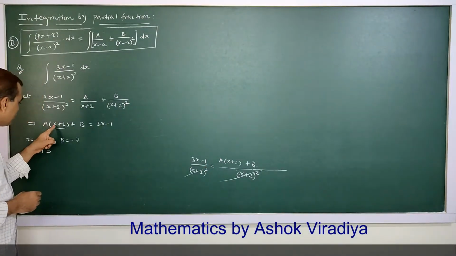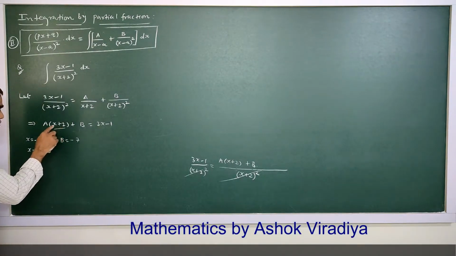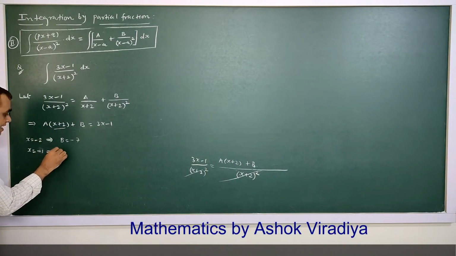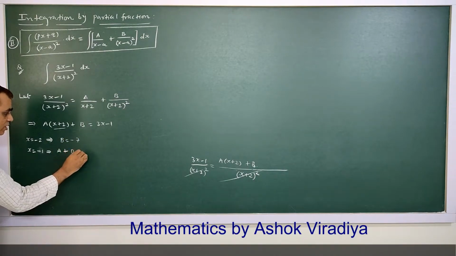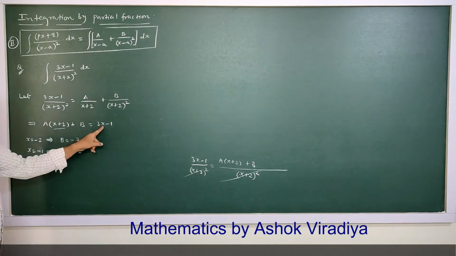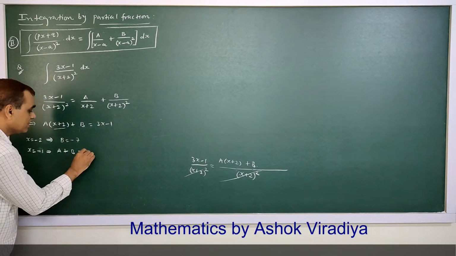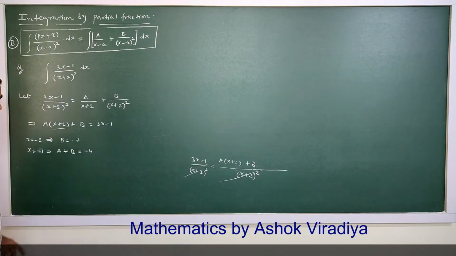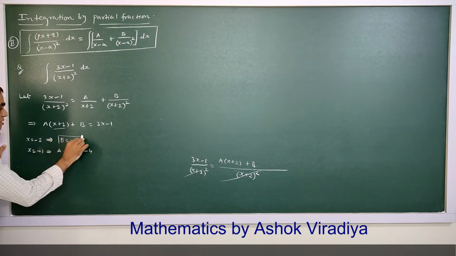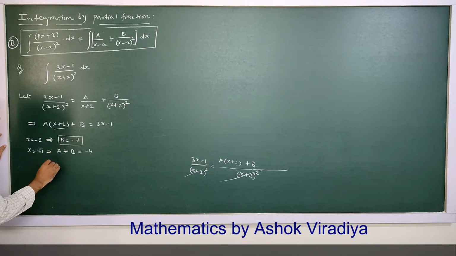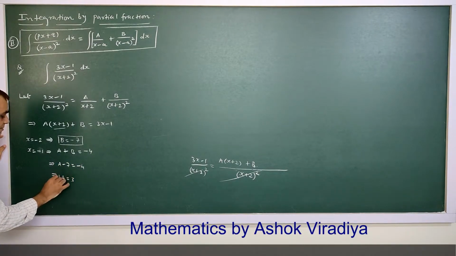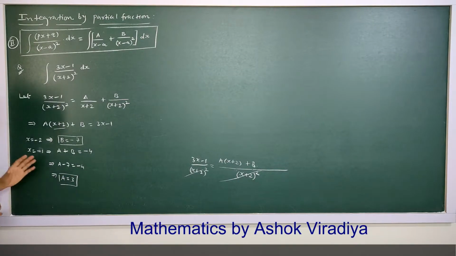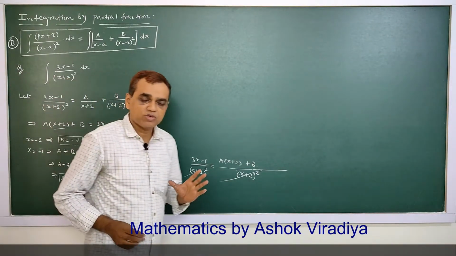So if I take x equal to minus 1, 2 plus minus 1 is 1, so a can be obtained directly, plus b as it is, equal to, putting minus 1 here, minus 3 minus 1 is minus 4. Now b is already found, so I replace the value of b here. So a minus 7 is minus 4. So the value of a is 3. a is found, b is found.